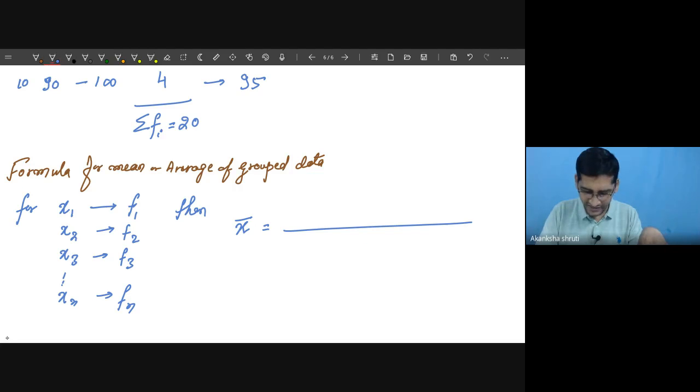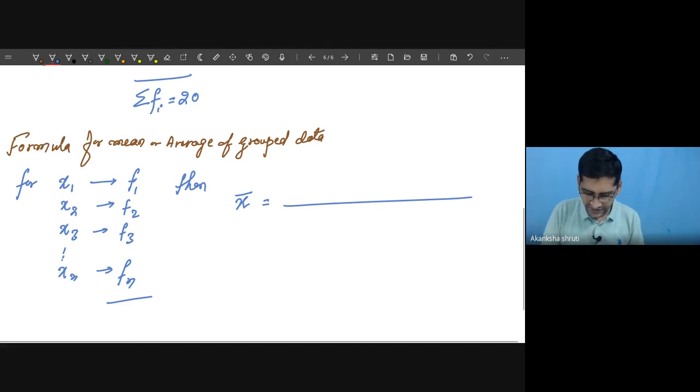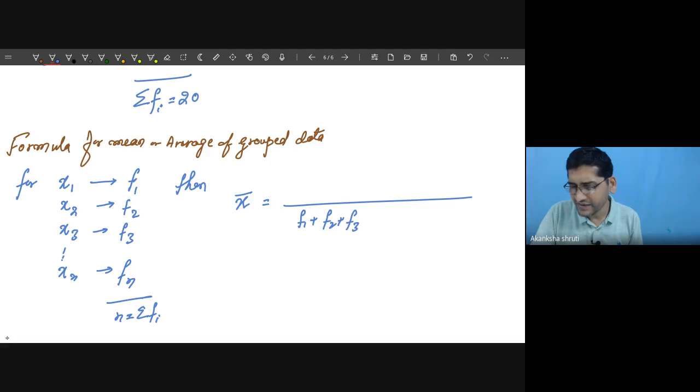So the total number of observations n is the summation of fi, or f1 plus f2 plus f3 and so on up to fn.